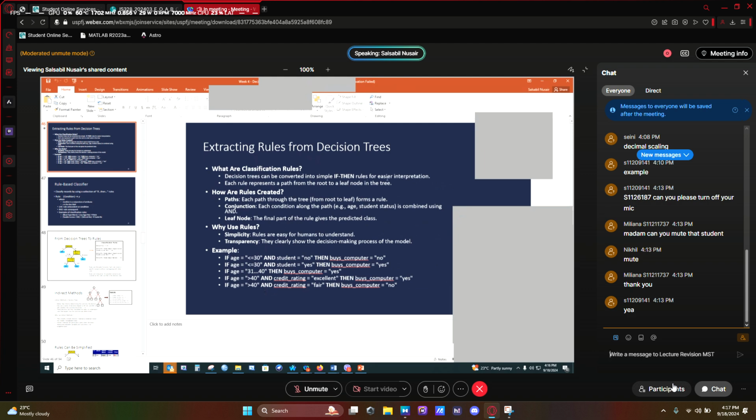Now, there's one thing that I need to bring to your attention. Of course, it depends on the nature of the question, but usually when you are asked to construct rule classifiers from a structured data set, that means tabulated data, the question sometimes states it, sometimes it won't. But what you are really looking at is the PRISM algorithm. That's the algorithm you are looking into.